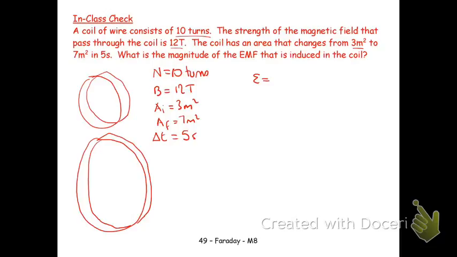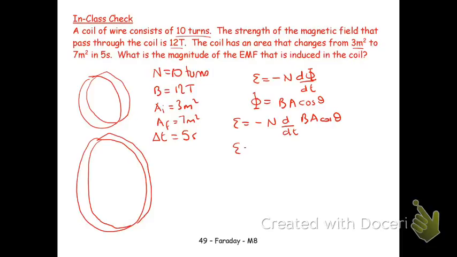My EMF is equal to minus N d phi by dt. And my phi is equal to BA cosine the angle between. So my E is equal to minus N d over dt of BA cosine the angle between.